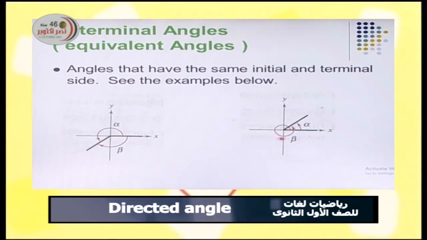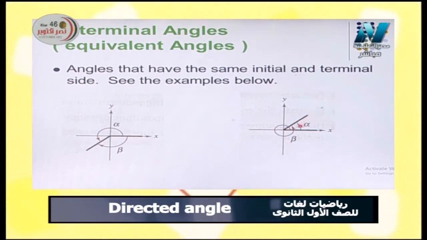We turn one round and go to the same terminal side. We have alpha, the smallest angle, and after that we add a complete round around the origin point and return again to the terminal side.